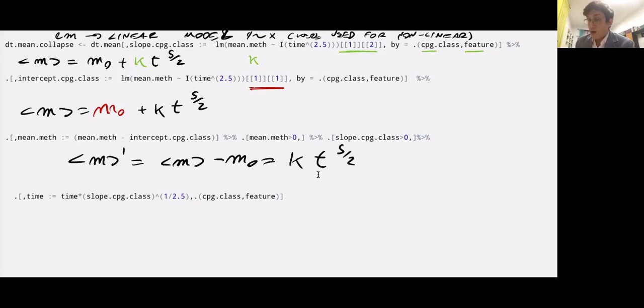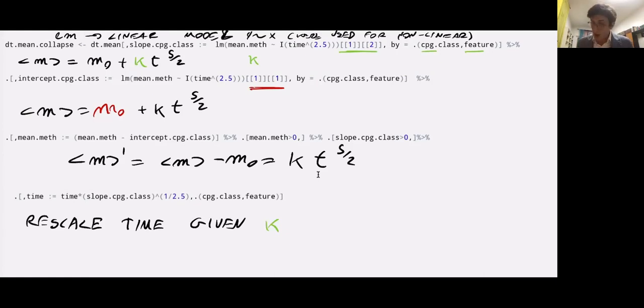And now, in order for these curves to look exactly the same, we have to include this k somewhere. And what we do is basically rescale time given k.